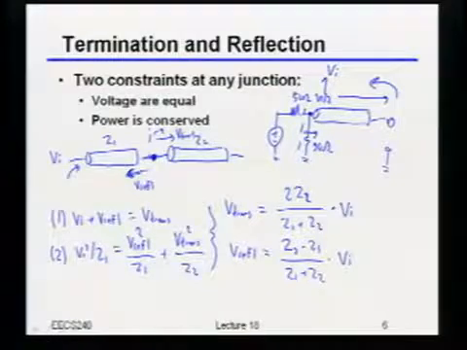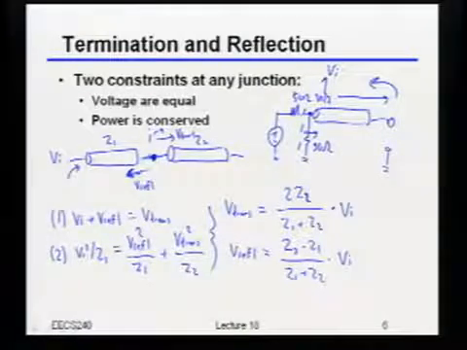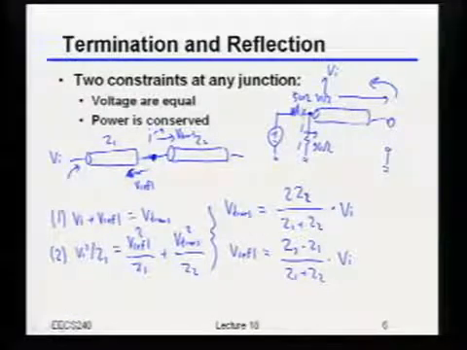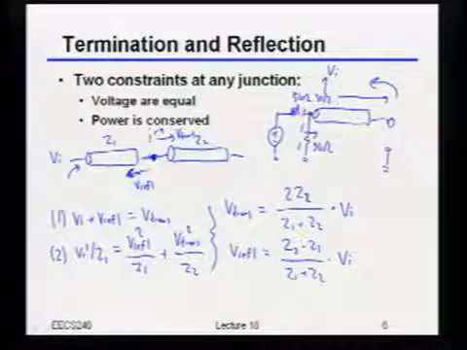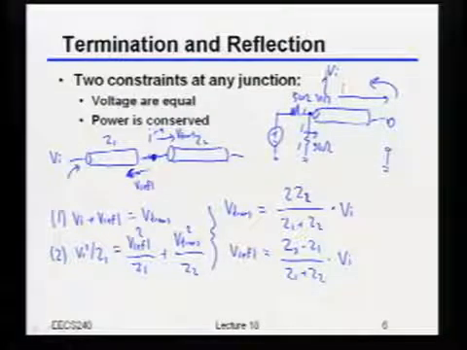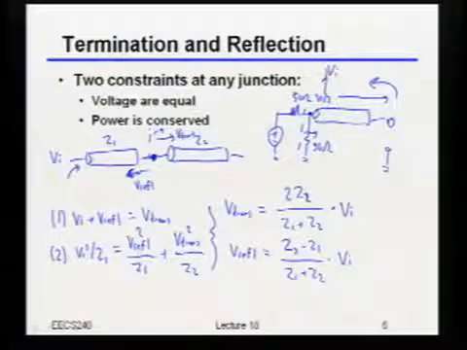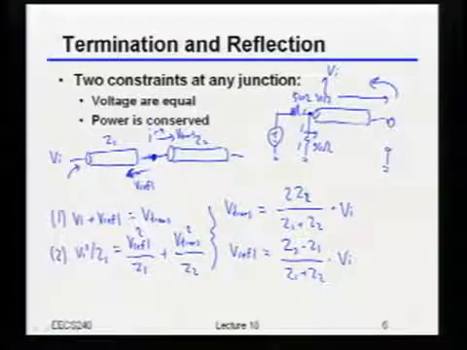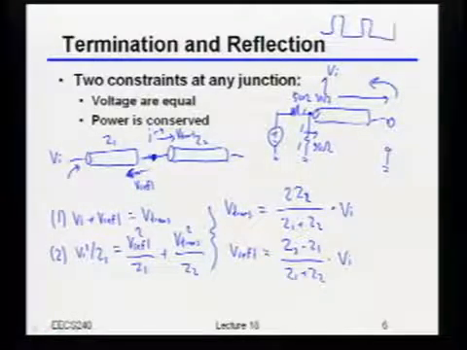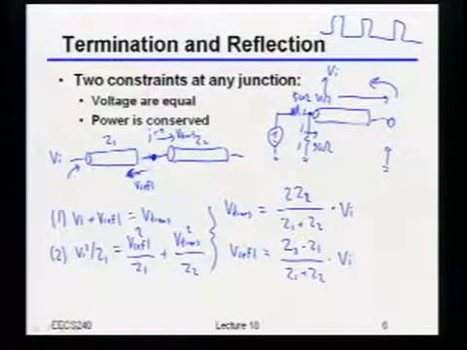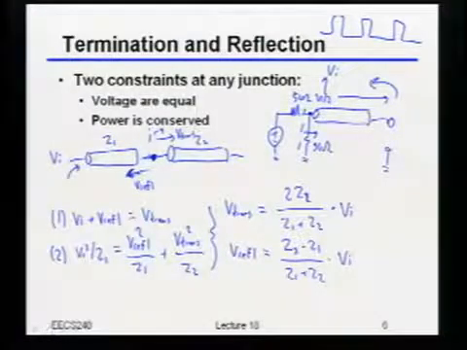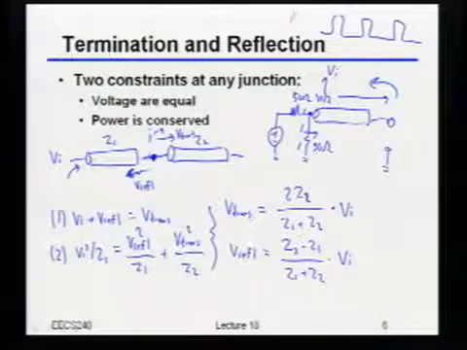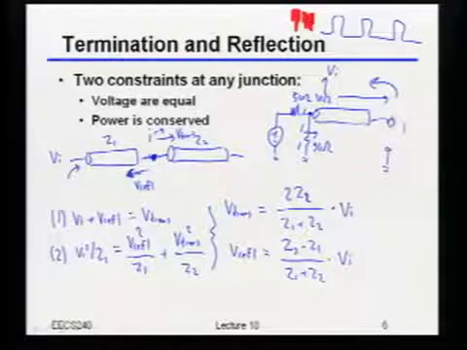Now, why do I bother mentioning all of this? Well, if this line is kind of long, it's going to take some time for you to figure out that this was really the right voltage. Remember, what we're trying to do is send digital bits at a really high speed. So what I really want is for exactly whatever I transmitted to show up nicely at the receiver.